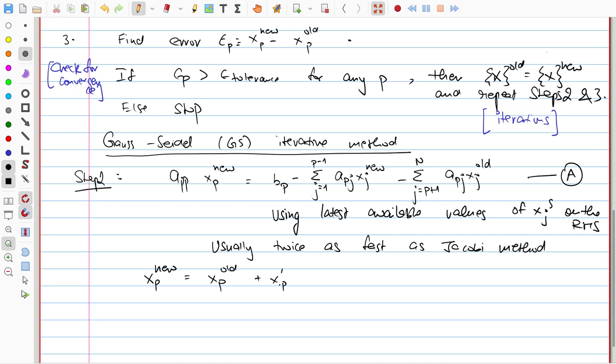So you were at some xp old and then now you have an xp new. So you have made an incremental improvement to x. That improvement, or the error, whatever you want to call it, is xp prime. So we typically call it a correction.